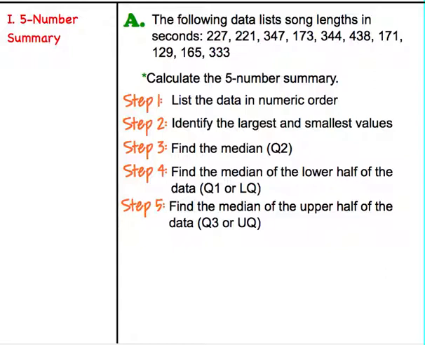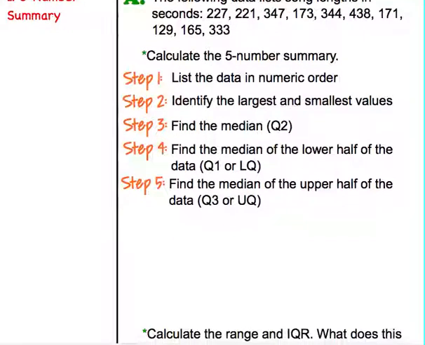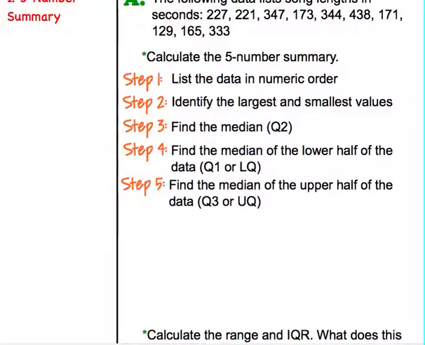So now, going back to the first step, we're going to put our numbers in order. I look here, and I see our smallest one is 129. And then I jump to 165. And then we go to 171.